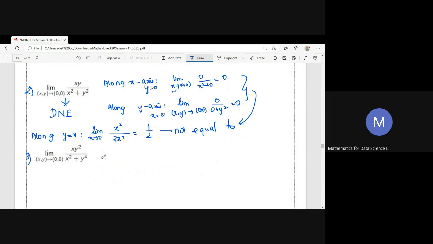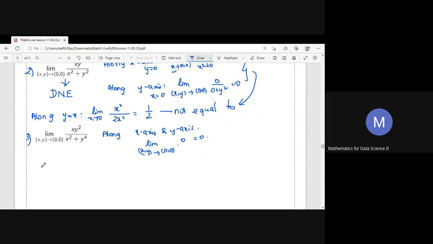So what happens for this example along x is equal to 0, along y is equal to 0, along the x-axis and y-axis? The limit is going to be 0, right? Okay, fine. Now let us consider what happens along any line, y is equal to mx.